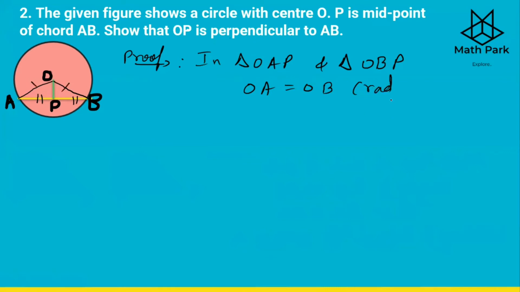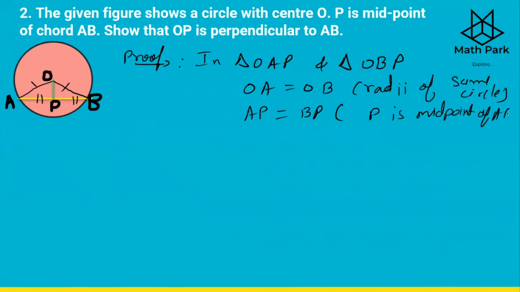And you are given AP is equal to BP because P is the midpoint of AB. The third thing you have is OP is equal to OP, common. So the three sides of one triangle are equal to three sides of the other.